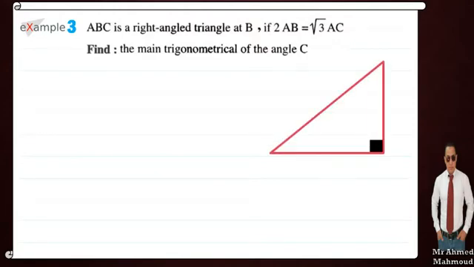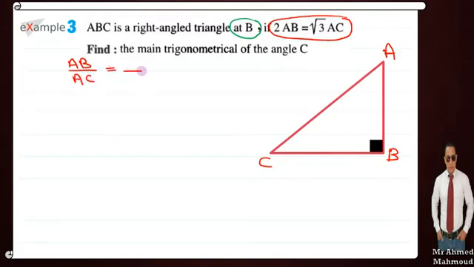Now, the triangle is right at angle B. Here angle B, and here I'm going to write A and C. Okay, what is the meaning of 2AB equals root 3 AC? Now I can't find the length of AB and AC, but I can find the ratio between AB over AC.